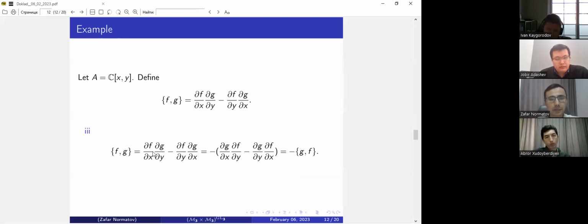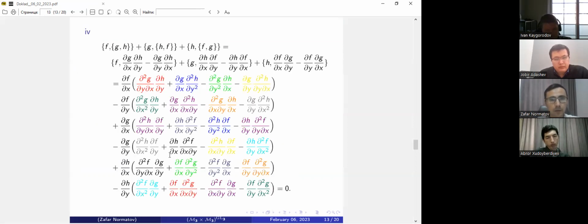It is easy to check that the last three conditions hold. This is the fourth condition. Also, this is the first identity. Here the same colors should be omitted, so the result is 0.